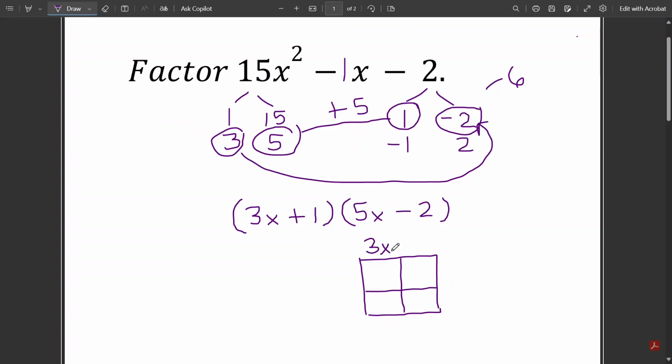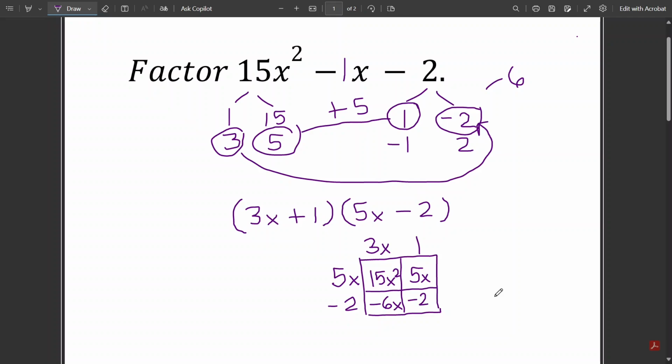So I'm going to do 3x and 1 and then 5x and minus 2 here. 5x times 3x is 15x squared. 5x times 1 is 5x. 3x times negative 2 is negative 6x. And negative 2 times 1 is negative 2.